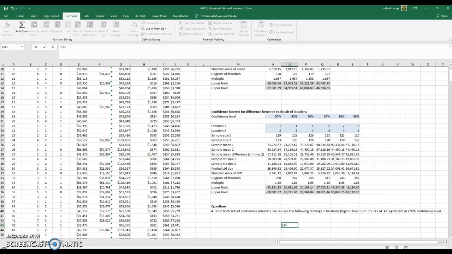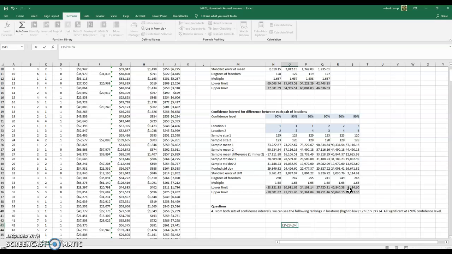Obviously location 1 is less than 2, but on average it's higher than 3 or 4, so L1 would be next. The last thing is to look at the difference between L3 and L4. We did calculate 3 and 4, and 3 is bigger than 4, so that's L3.